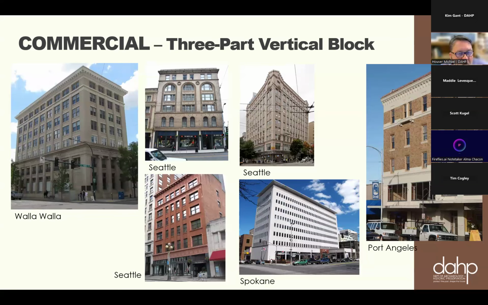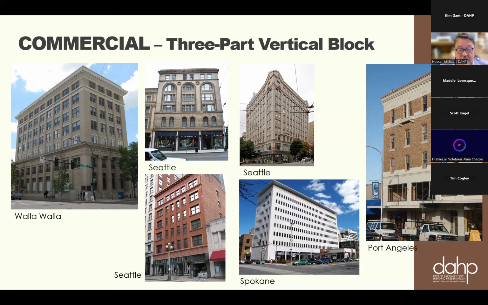What about the three-part vertical block? Now we've got three separate elements that are distinct from each other. So you've got your base. When we talk about three-part blocks, in fact, when we talk about commercial archaeology, we use the reference to a column: a base, a shaft, and a capital. The base would be the storefront area.